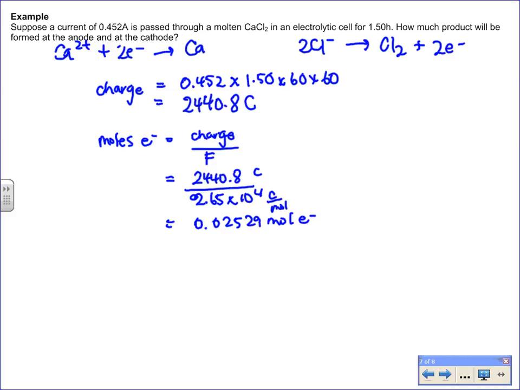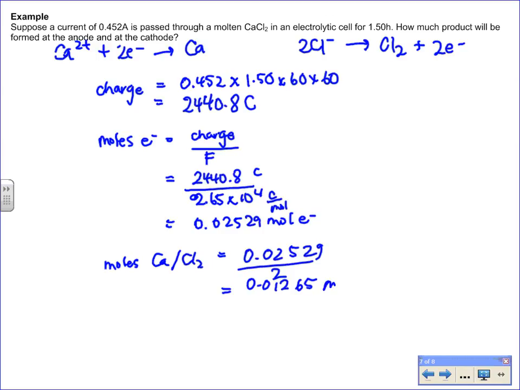Now we've gotten it to the point where it's stoichiometry. You know how many moles: for every 2 moles of electrons that were transferred to the calcium, 1 mole of calcium is produced. Okay? For every 2 moles of electrons, 1 mole of chlorine was produced. Okay? So the moles of calcium and of chlorine is found by taking the moles of electrons and dividing by 2 because we have a 2-to-1 ratio there.